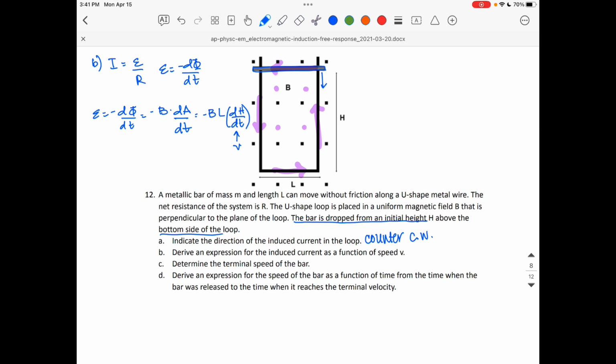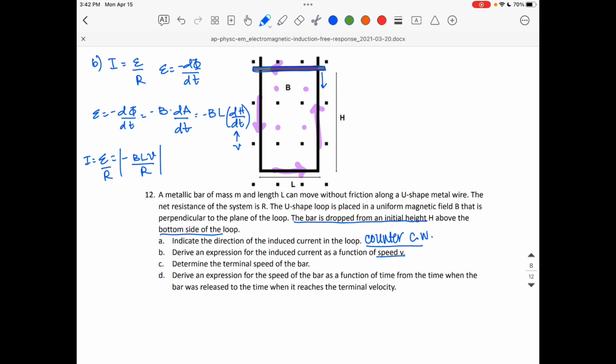And so our EMF is going to be negative BLv, or rather our current is negative BLv over R. The negative represents the fact that it's going counterclockwise, so we can just use the absolute value of that, and this would be our equation for part B.